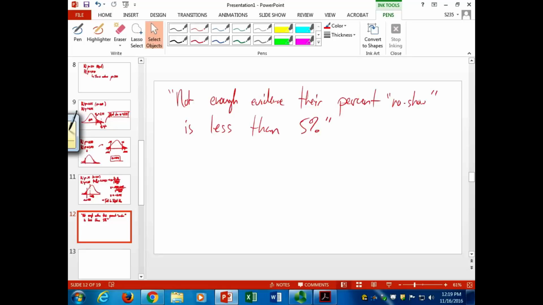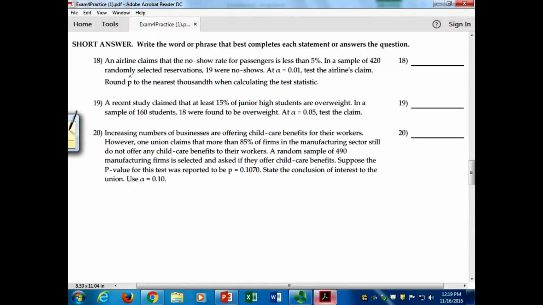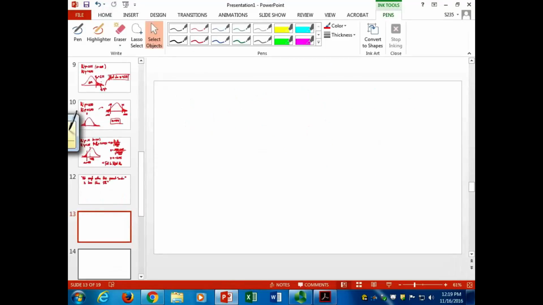Okay. Another one? A recent study claimed that 15% of junior high students are overweight. In a sample of 160 students, 18 were found to be overweight. At alpha equals 0.05 level, test the claim. So with no other information, what type of alternative should we assume here?